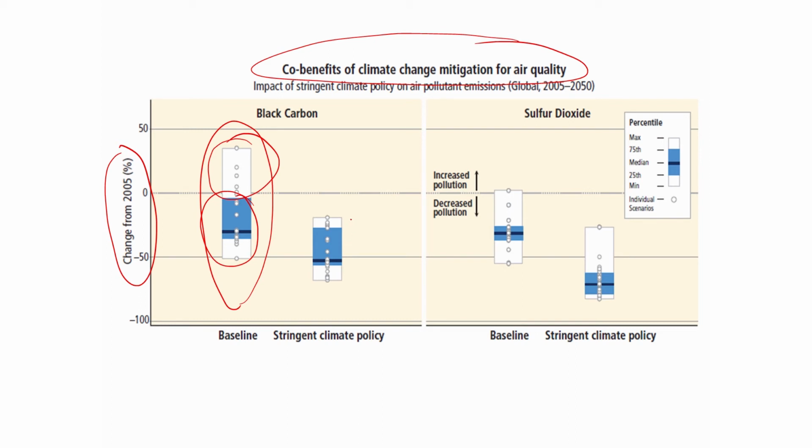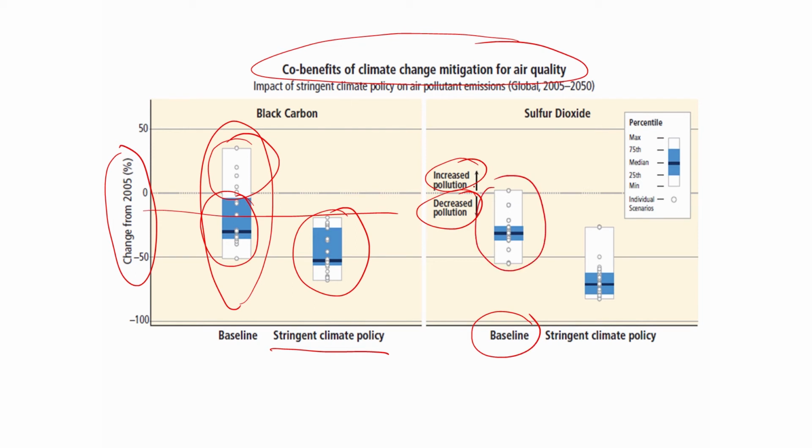But as you begin to implement stringent climate policies, you can see that the black carbon drops below the 2005 level significantly, maybe by 50%. Increased pollution here and decreased pollution here. So, the baseline sulfur dioxide is going down basically because coal consumption on average is going down, but with stringent climate policy you can reduce it almost completely, up to 75%.